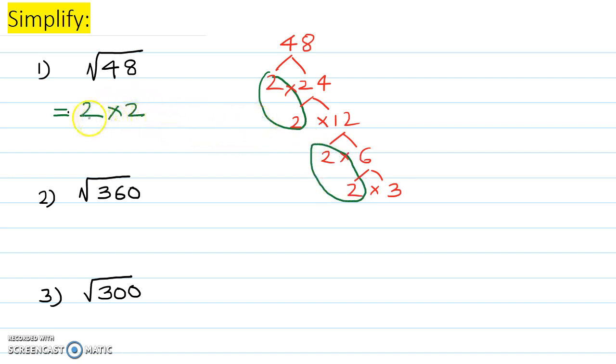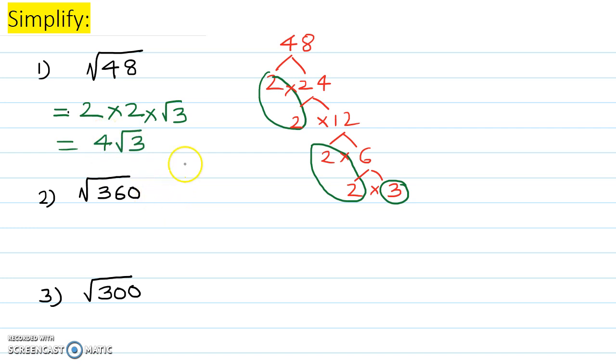So for one pair you are writing one 2. You don't need to write two twos. This is one pair, so you write down one 2. This is one pair, you write down one 2. Now this 3 is unpaired, so the unpaired one stays under the square root sign. Okay, so it will be 2 times 2 is 4 root 3.